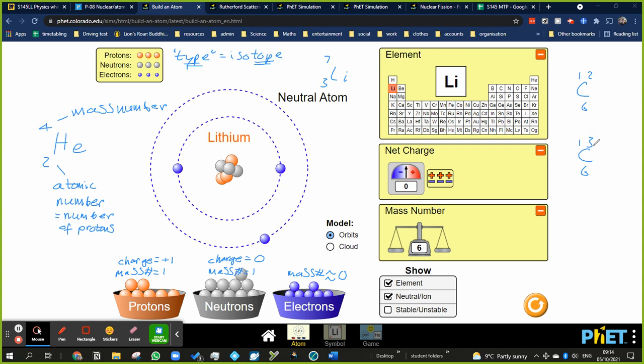Still has six protons, because if it didn't have six protons, it wouldn't be carbon. And then you have carbon 14, also six protons. But because the mass number is changing, can you work out what must be changing about the structure of the atom?